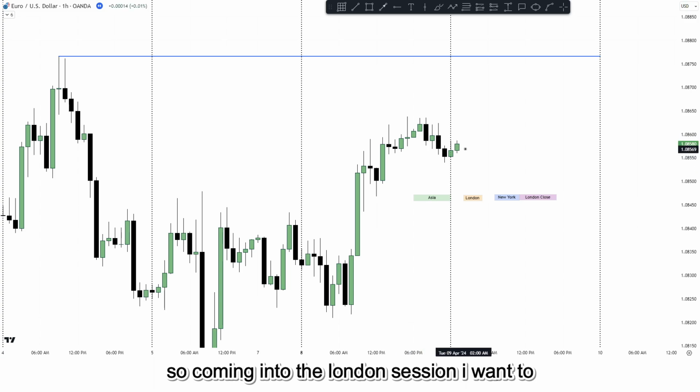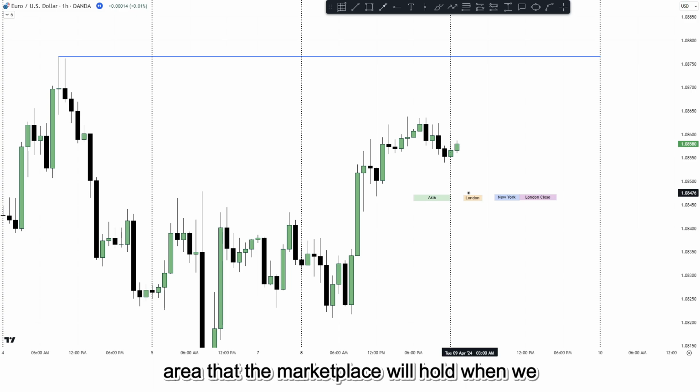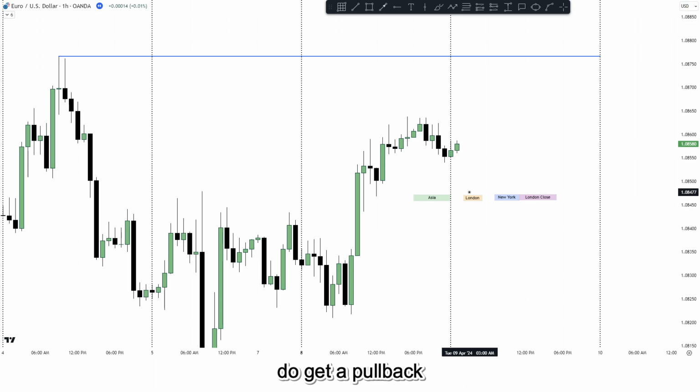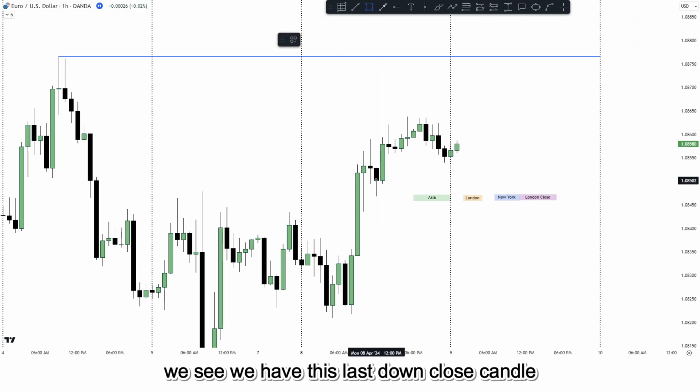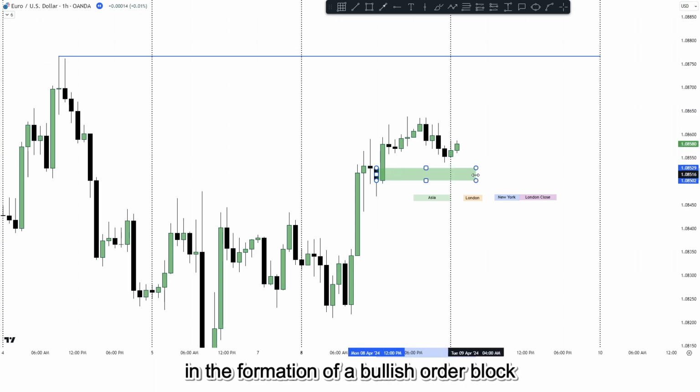So coming into the London session, I want to see a pullback. Where is the most likely area that the marketplace will hold when we do get a pullback? We see we have this last down close candle in the formation of a bullish order block.